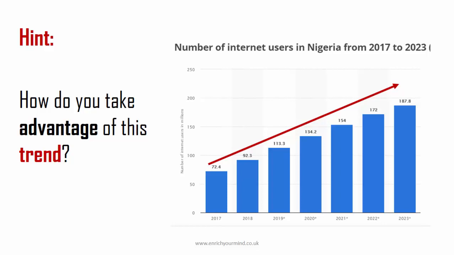By 2018, we had 92.3 million people on the internet, and by 2019, it's been speculated that we're going to have 113 million people online, and by 2023 we are having 107 million people online.